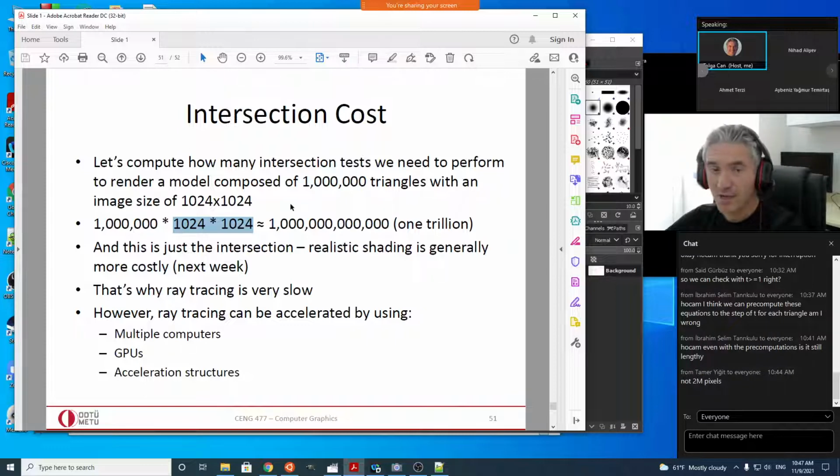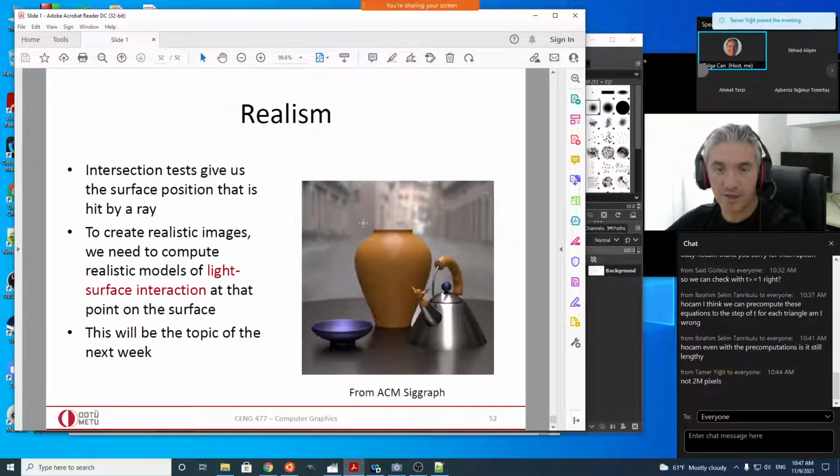Parallelization is just one way to speed up, but a nice intelligent data structure built on top of your triangles will reduce the number of triangles you intersect with to logarithmic complexity. So it's going to be much more efficient this way. These acceleration structures are the biggest advancement towards high-speed ray tracing.